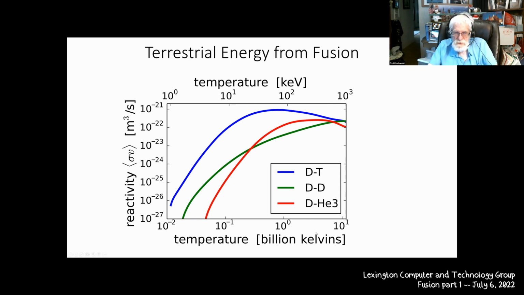And those are what are really going to be important for fusion. People would like to do these other kinds of fusions, but they need much higher temperatures. This one's still rising when you get out to billions of degrees. This one peaks, again, roughly 1 billion degrees. This one is nice because there are no neutrons involved, or very few.